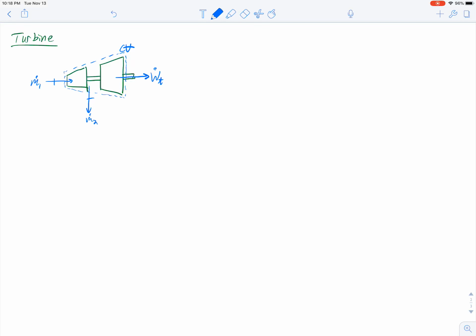And then exiting the second turbine, I have the rest of the fluid. That's m3. Okay. Hopefully you can convince yourself that conservation of mass looks exactly the same. m1 equals m2 plus m3.